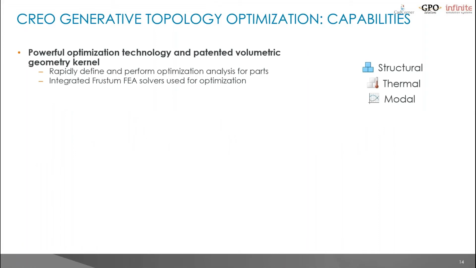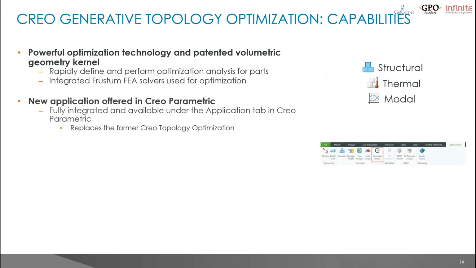So first and foremost, as I've mentioned, we make use of the powerful FRUSTUM technologies to solve the analyses. This, coupled with the fact that the generative design application is completely integrated within Creo Parametric, gives designers full flexibility and enables them to rapidly make changes, update the designs, and generate optimized designs or products.